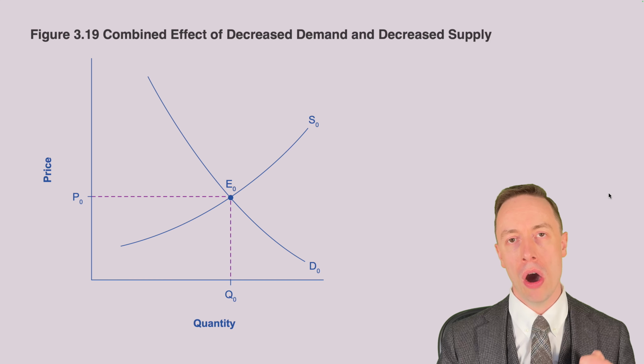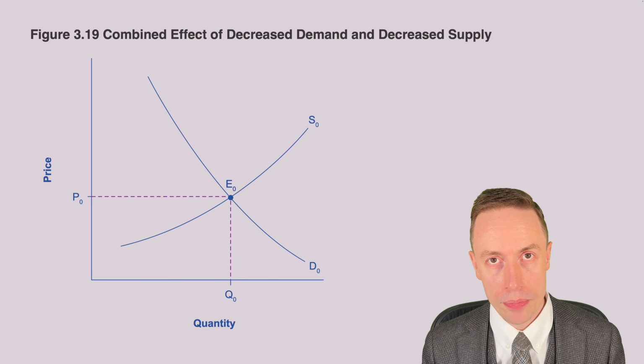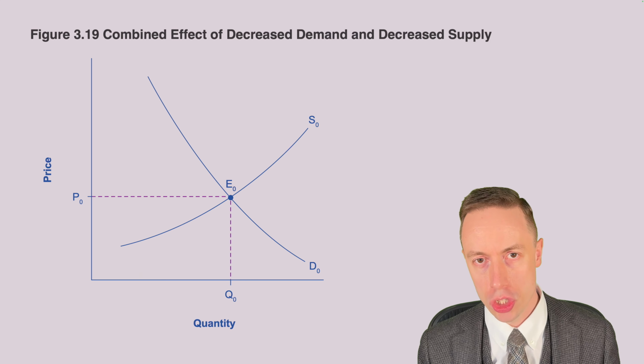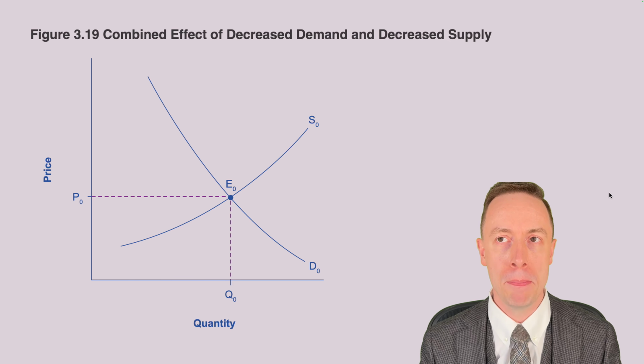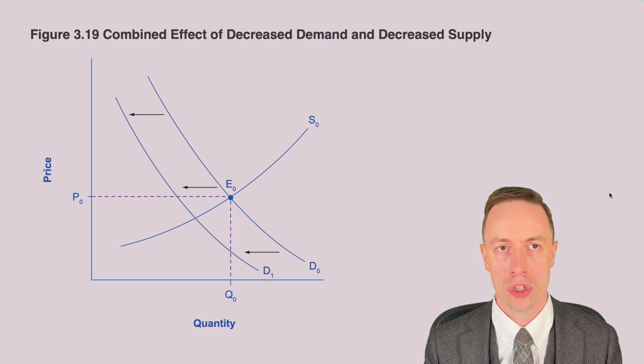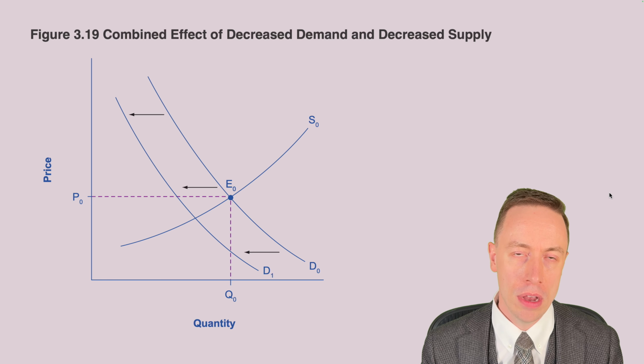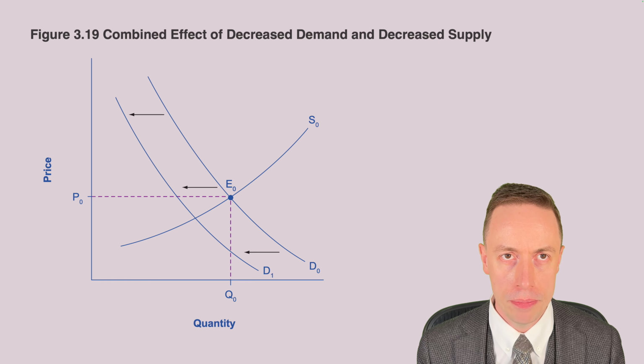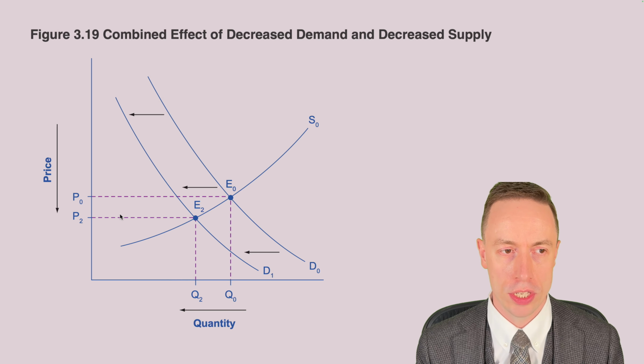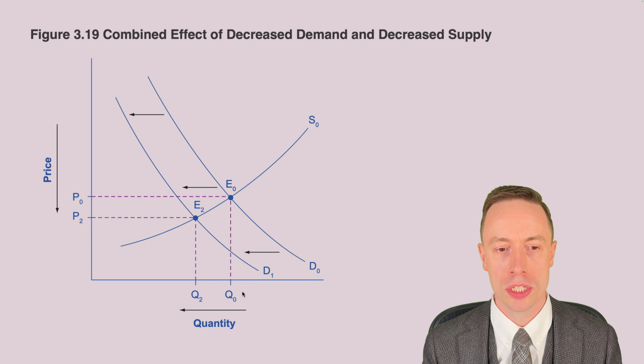Let's say we are only talking about a taste change leading to less demand for mail. So we grab that demand curve, shift it to the left. If that was the only thing that was going on, we would predict prices fall, quantity also falls.